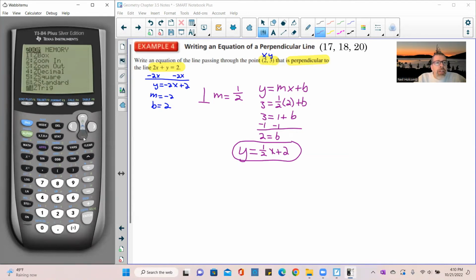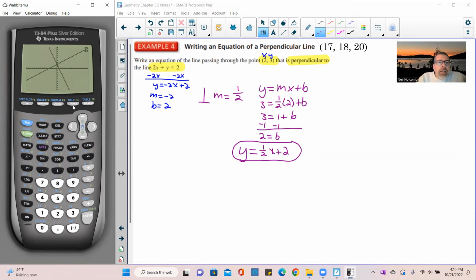So if I go down and hit zoom square, it's going to adjust. There it is. Zoom square, number 5. It's going to adjust the window so it looks like it is the same wide as it is long, and therefore it looks like it is perpendicular now.